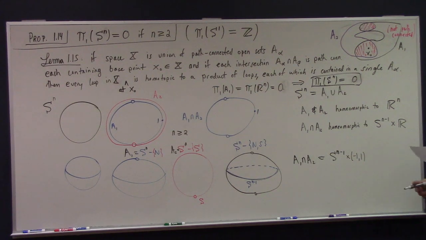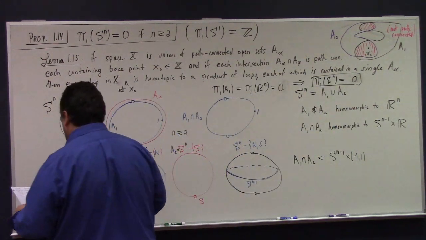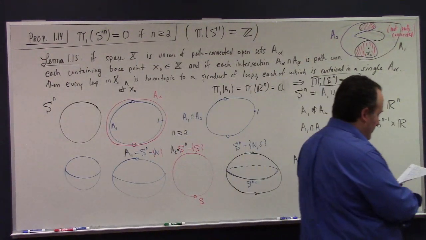Corollary. R2 is not homeomorphic to Rn.